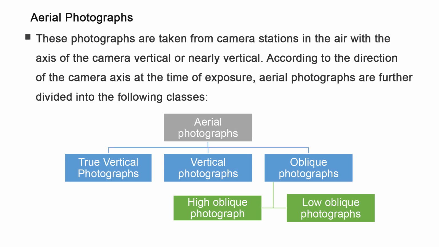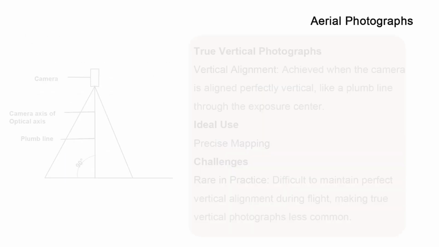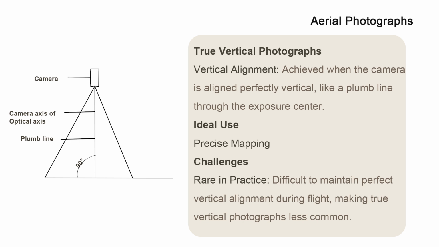So, these aerial photographs are classified based on the orientation of the camera axis: true vertical photographs, second, near vertical photographs, and the third, oblique photographs. We will not go into further bifurcation, but we will try to understand the small nitty-gritties of these aspects today. First, true vertical photographs.